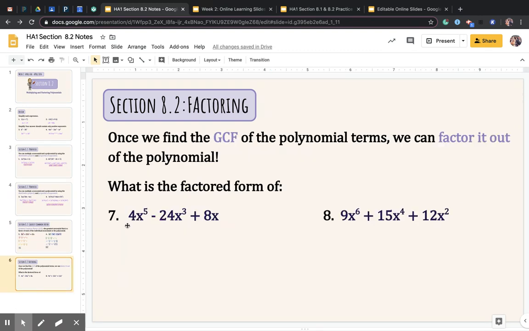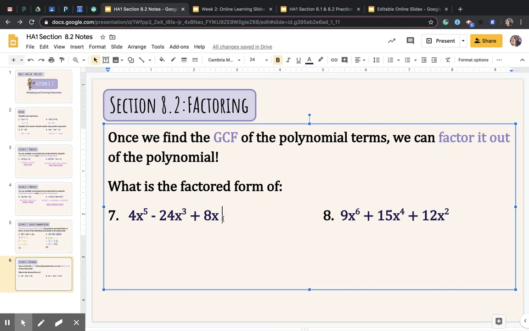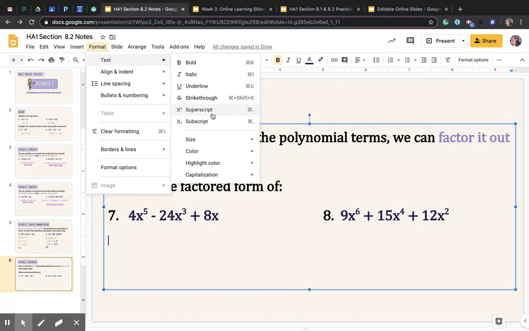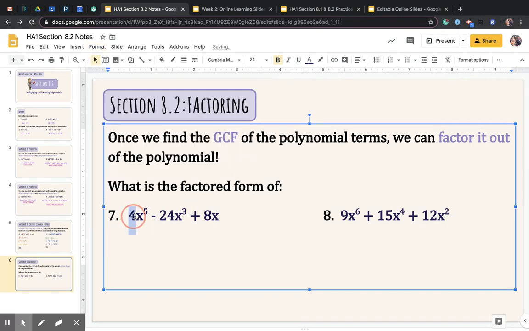So let's break down all of these numbers. Okay. So I'm going to highlight these again. Okay, so there we go.